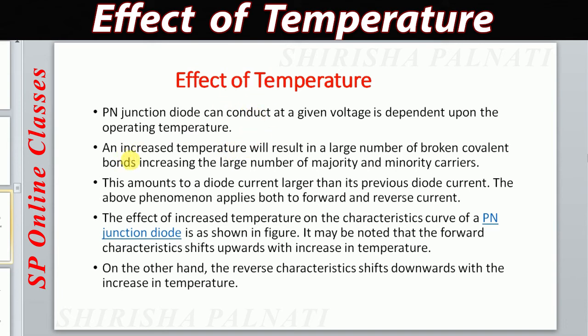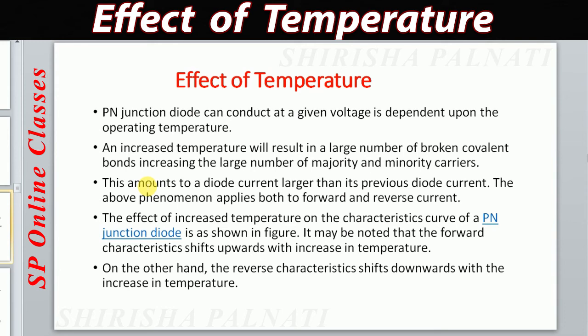Increased temperature will result in a large number of broken covalent bonds, increasing the number of minority and majority charge carriers. We already saw this in the breakdown voltage of a diode. In the breakdown mechanism we have two types, avalanche breakdown and Zener breakdown.